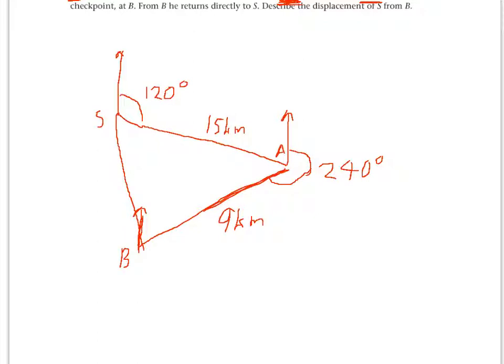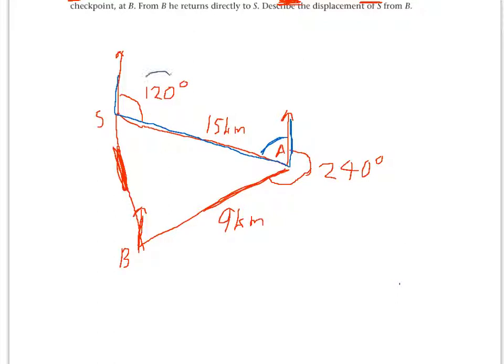Now, we're asked to find this side here, and as I said, it's also worthwhile finding the bearing of B from S. Now, we need to find a few missing angles here before we can find out our missing side, SB. From GCSE, you should remember for angles in parallel lines, if you look here, you've got a C angle, which is properly called a supplementary angle, and they add up to 180 degrees.